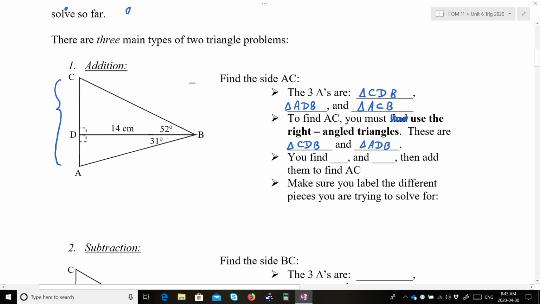And so what you do is you find the length from A to D. So you find this little length, let's call it x, and you find the length CD, which is this one, and we can call that y, and then you add them to find AC. So that's why this is called an addition problem. Okay, you're finding 2 sides and adding them together. Make sure you label the different pieces you are trying to solve for.